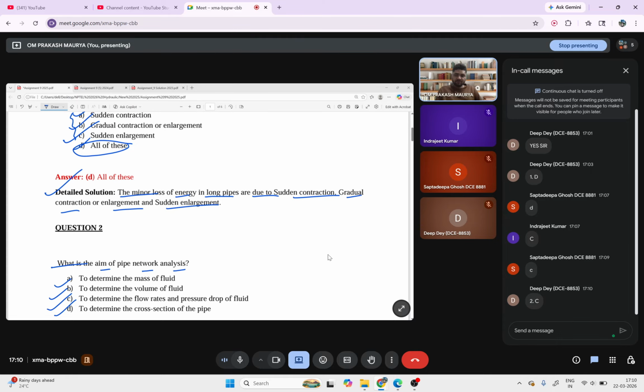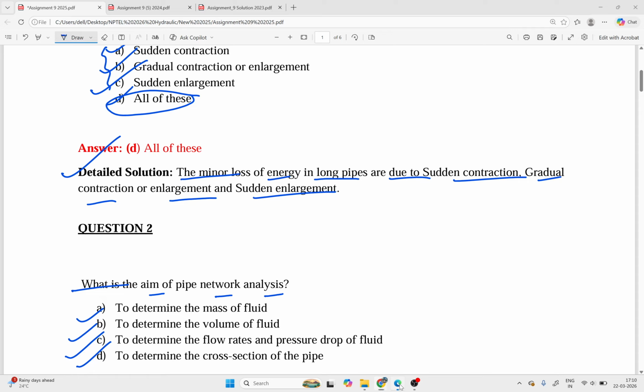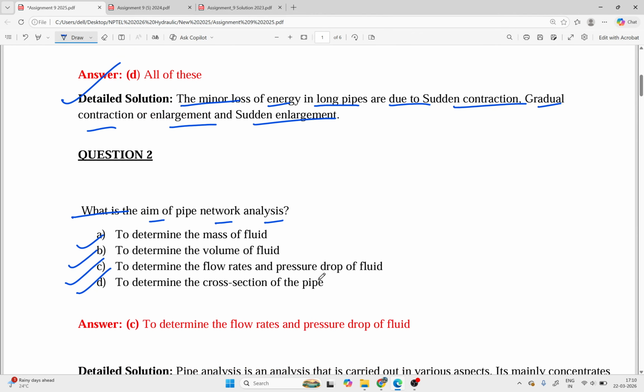For question number 2. Okay, so you are telling option C is correct. Yes, the aim of pipe network analysis is to determine the flow rate and pressure drop of fluid.